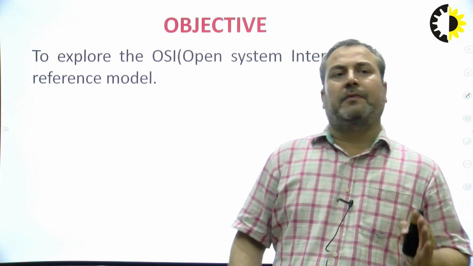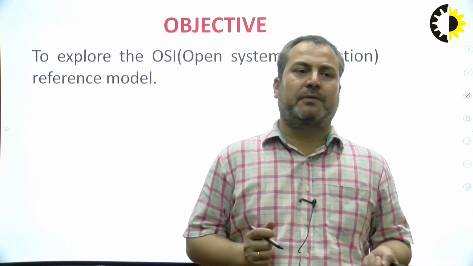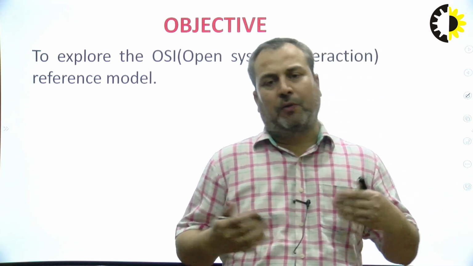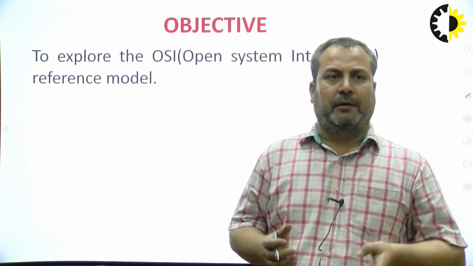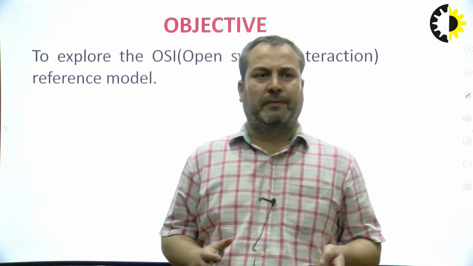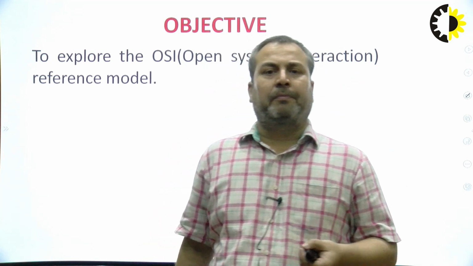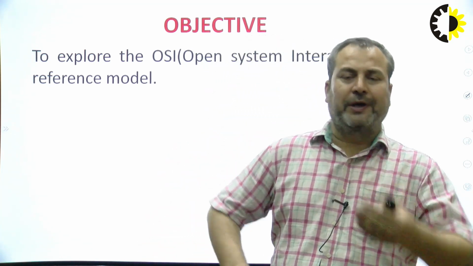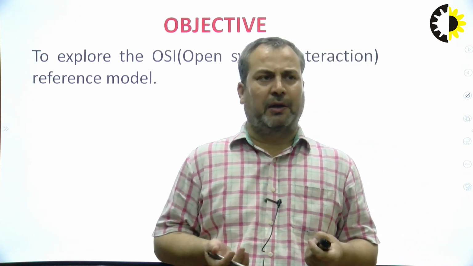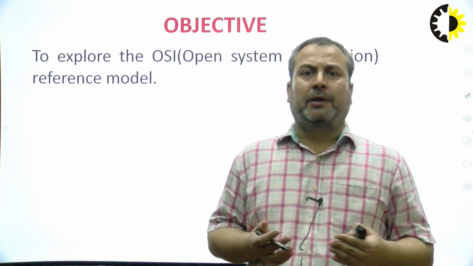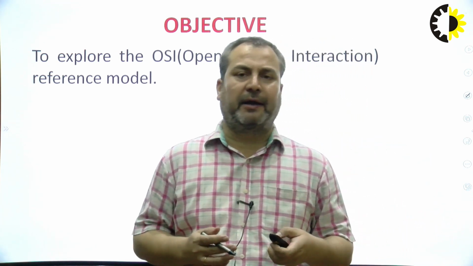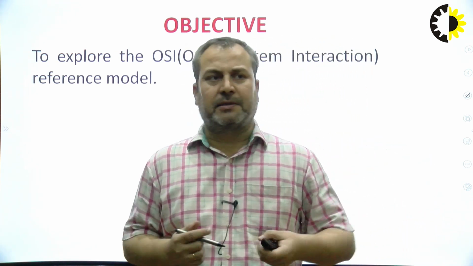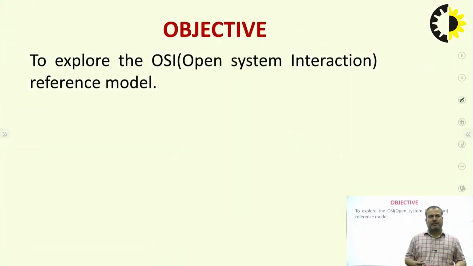What could be the reference model to communicate between two systems? Basically, the OSI reference model is divided into 7-layer tasks.